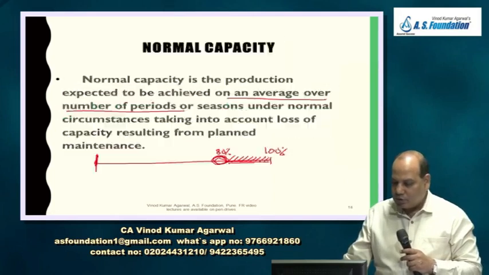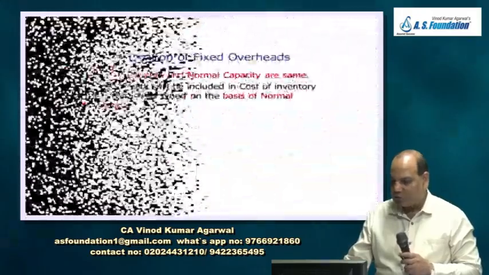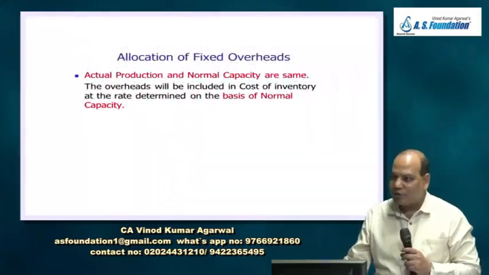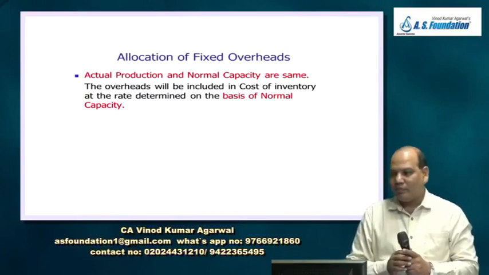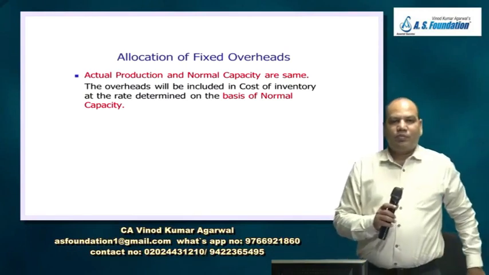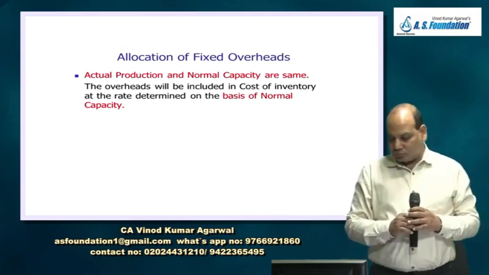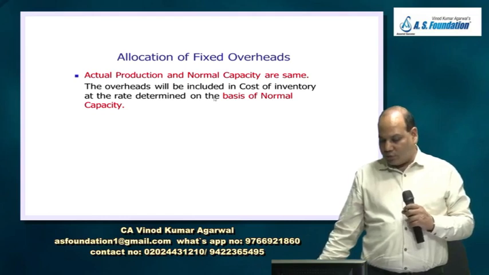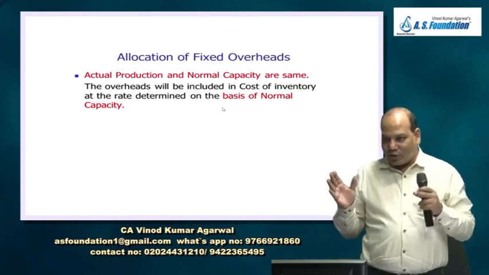After understanding normal capacity, now we'll see the allocation of fixed overhead. I have divided it into three parts. For solving a question in the examination situation, the three possible situations for fixed overhead could be considered. First, actual production and normal capacity are the same. This is a theoretical possibility for intellectual discussion.